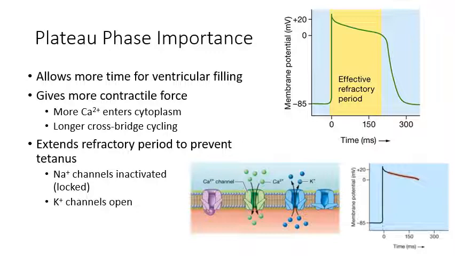If the ventricles were continuously contracted, we would call that tetanus. The only way that could occur would be if you had action potentials firing off before the first one had finished. So in order to prevent that from happening, you have this long refractory period in the action potential for cardiomyocytes that's caused by the plateau phase.